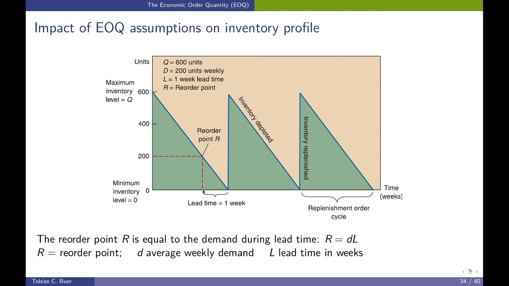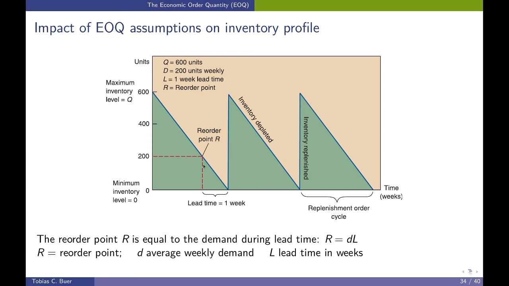And we order exactly at this point, because if we would order at a later point, then we would not be able to cover our customer demand, and we would create a stock out, which of course we want to avoid. And we also do not order earlier, to the left of the reorder point, because then we need to hold more inventory than is necessary, and this creates holding costs.